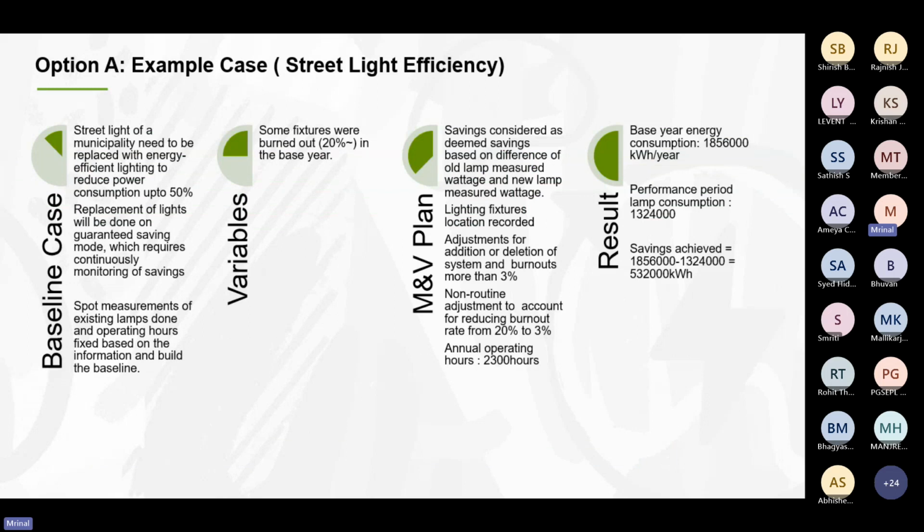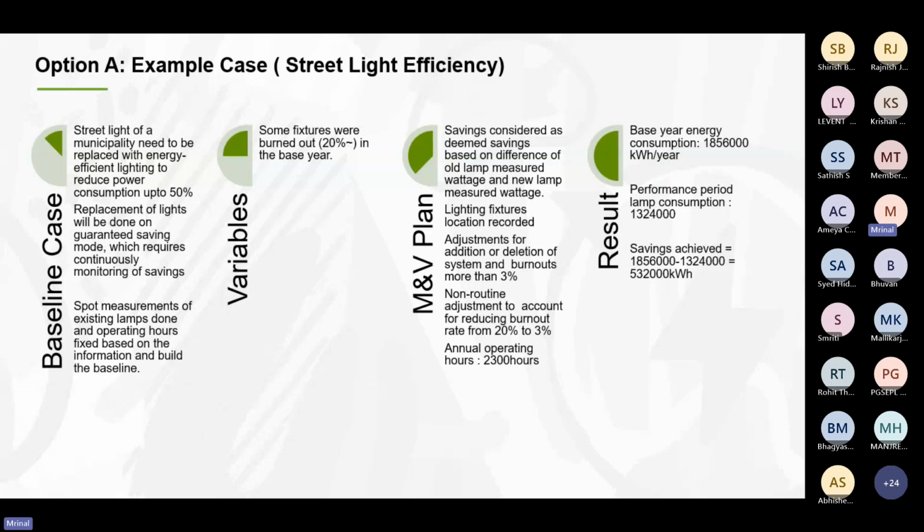In this example, there's a municipality which has street lighting connected with meters. They want to replace the street lighting with more efficient lighting to reduce the power consumption by up to 50%.